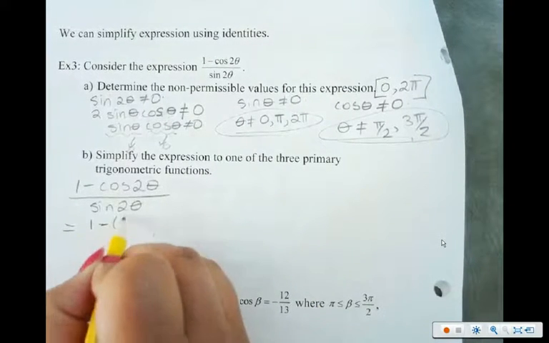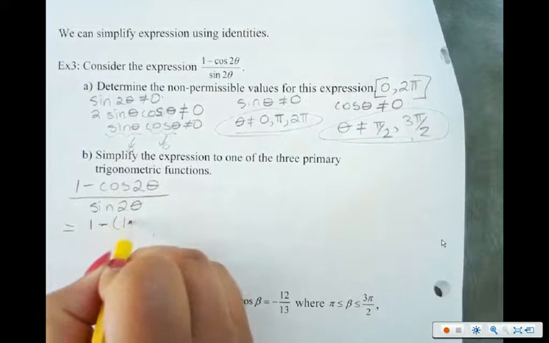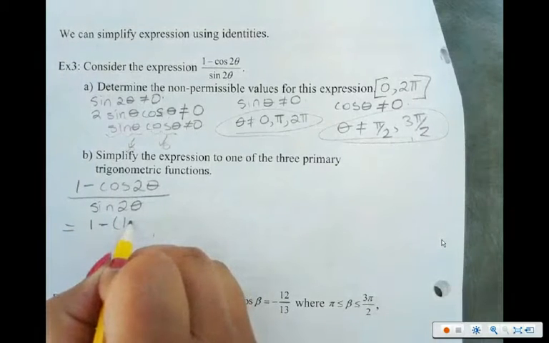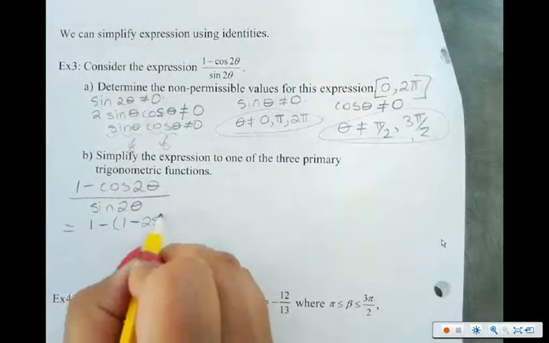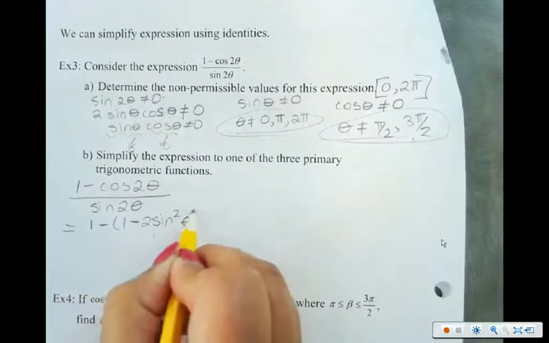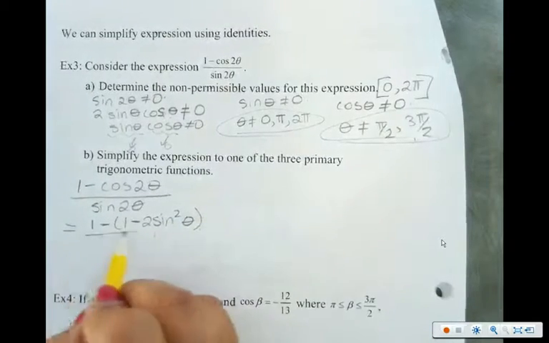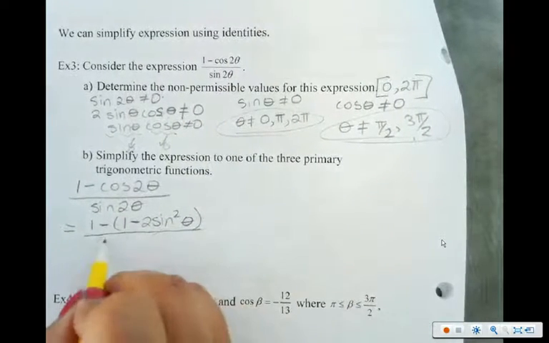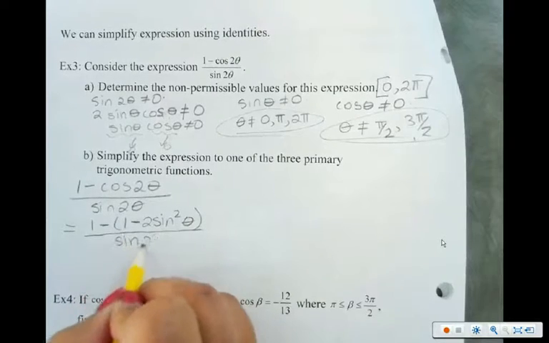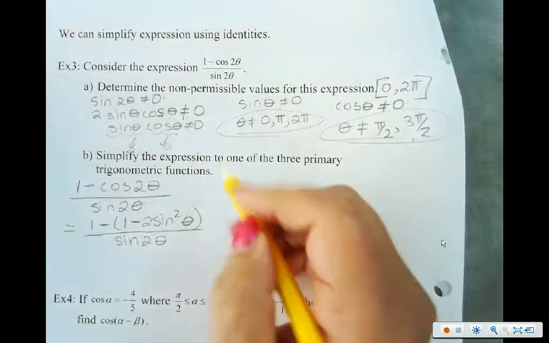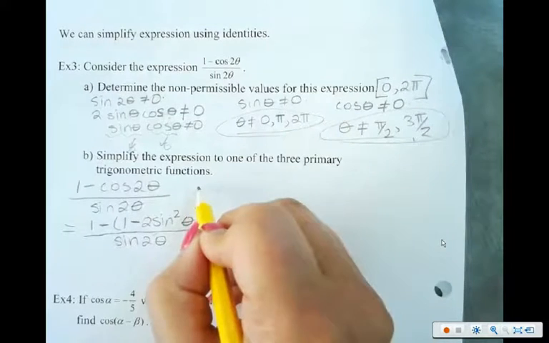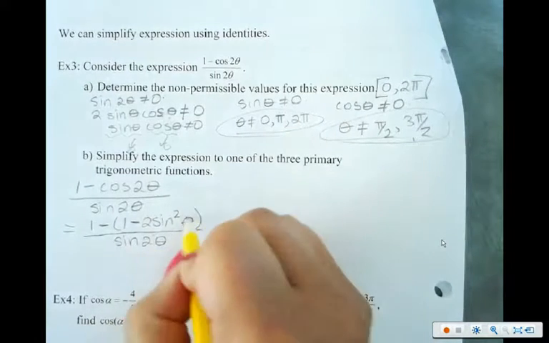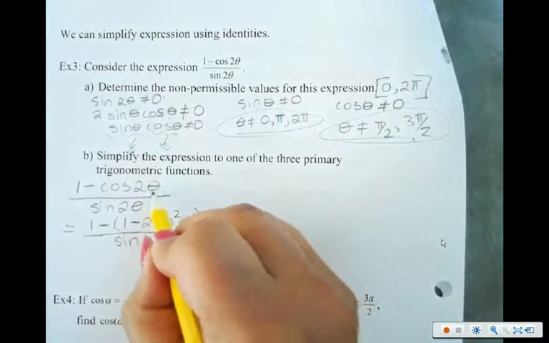1 minus 2 sine squared theta, and that's going to be over sine 2 theta. All right, so I used the second one to replace this cos 2 theta.